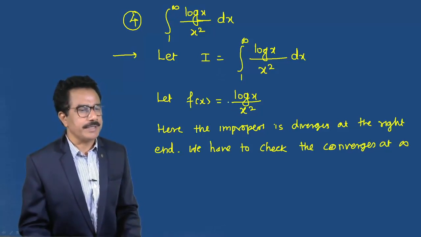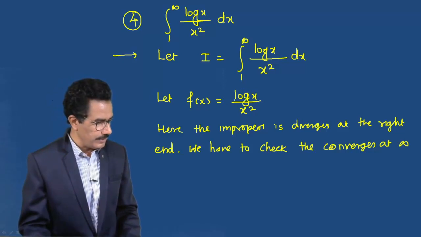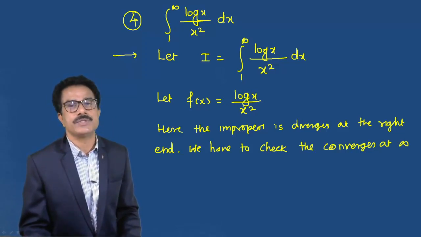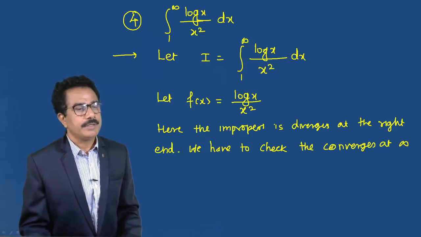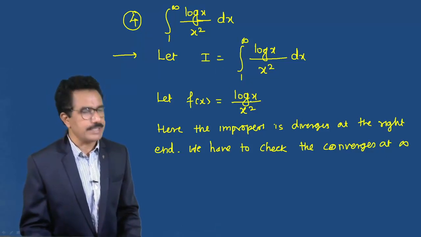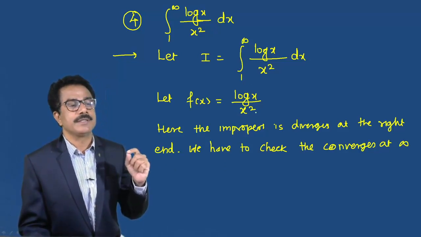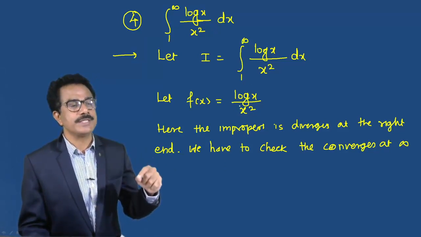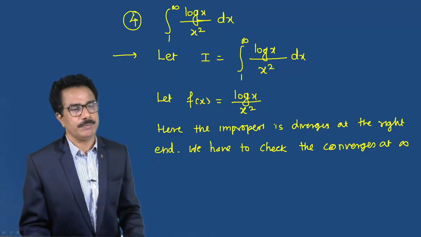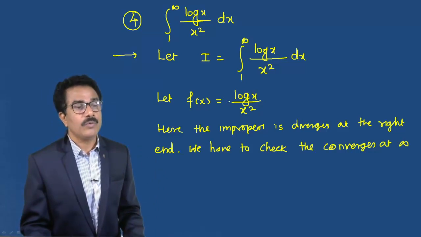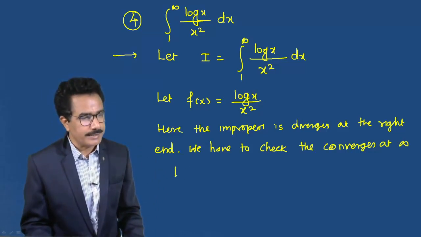Suppose here if you consider g of x to mean x raised to 3/2, then x raised to 3/2 is g of x.